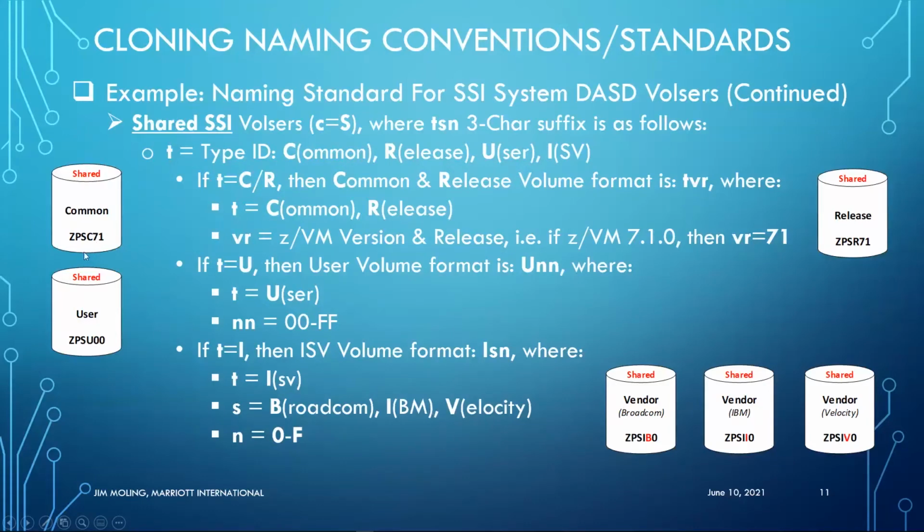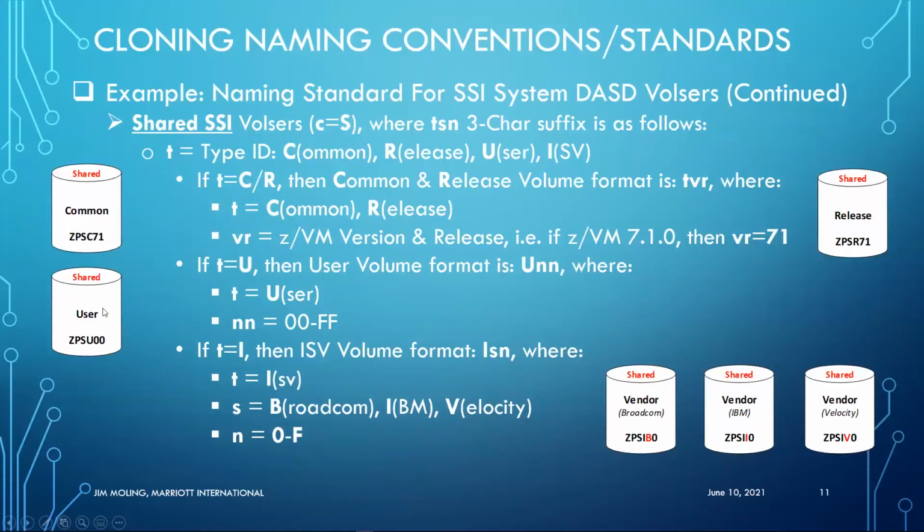Z for VM, P for production, S for shared, C is for common, R over here is for release. And you have these three flavors of vendor volumes down here that I've given as examples, and then a user volume.